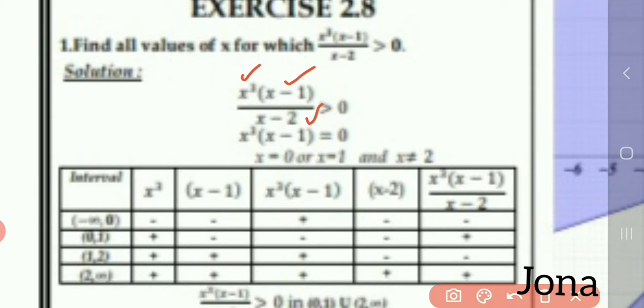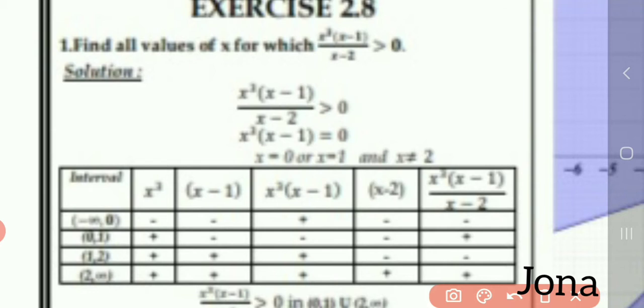If I equate x cubed equal to 0, I will get x equal to 0. If I equate x minus 1 equal to 0, I will get x equal to 1. If I equate x minus 2 equal to 0, I will get x equal to 2. So now I got three values: x equal to 0, x equal to 1 and x equal to 2.